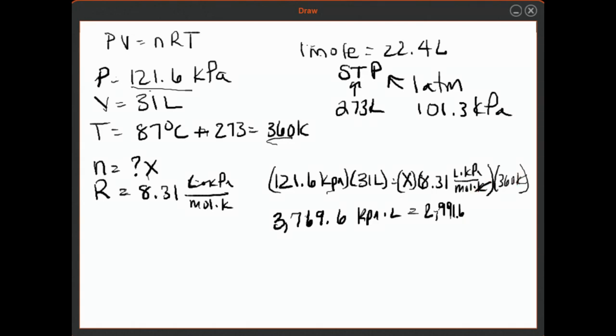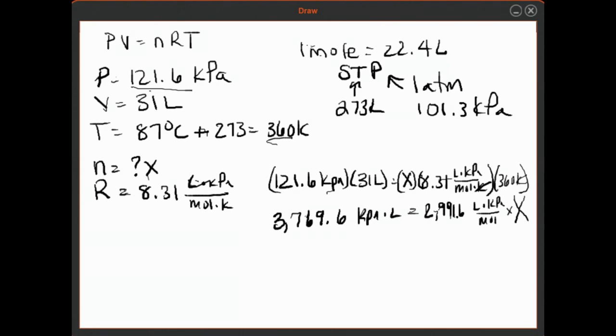And our unit here, well, let's take a look. Kelvin's going to cancel. And so we're going to end up with liters kPa over mole, and that's times our x. So to solve for x, we're going to divide both sides by liters kPa over mole.